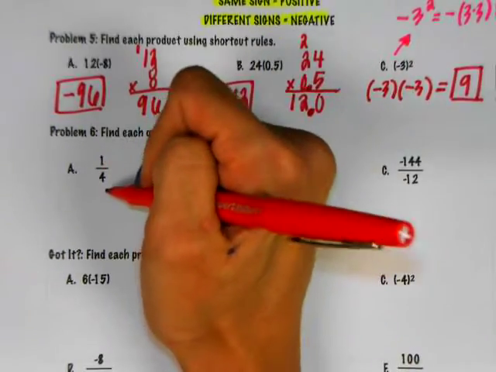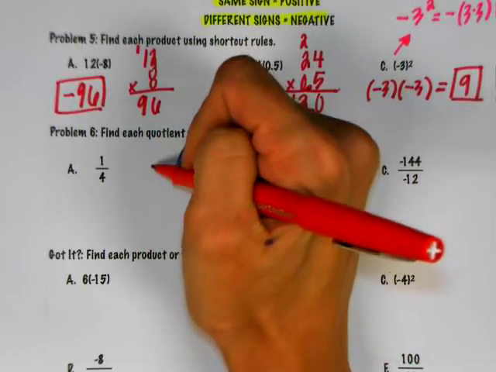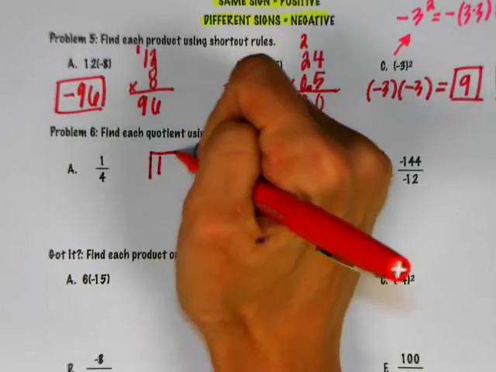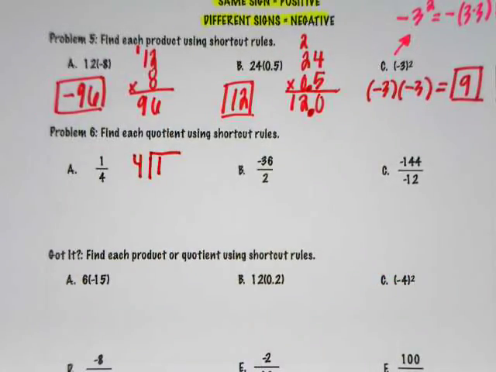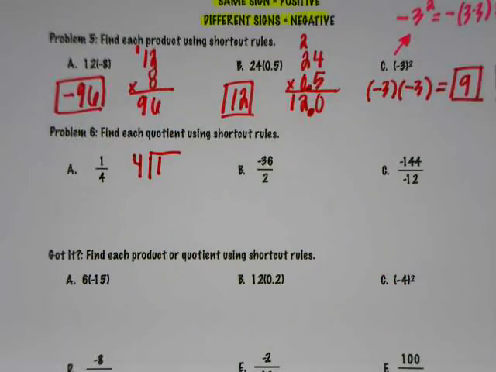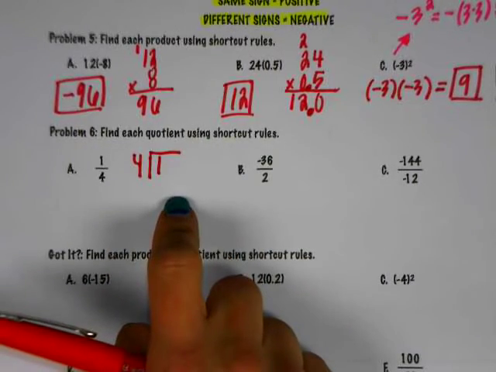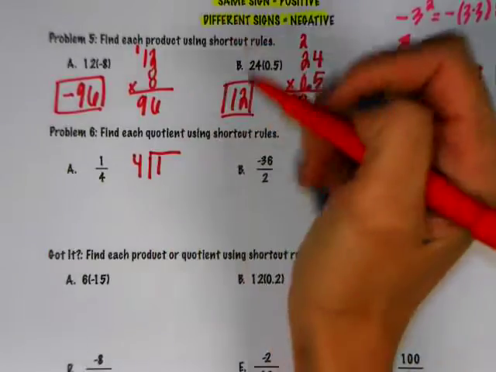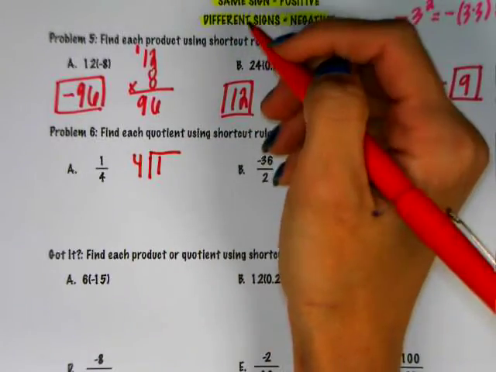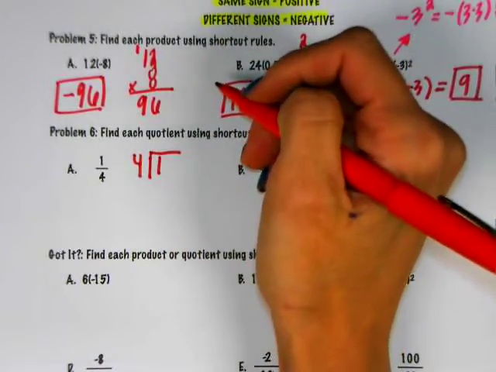So this is just 1 divided by 4. The way that you set this up, 1 on the inside, 4 on the outside. This one's a little bit weird. Does 4 go into 1? No. Do you guys remember what you add? A 0. What else? A decimal.